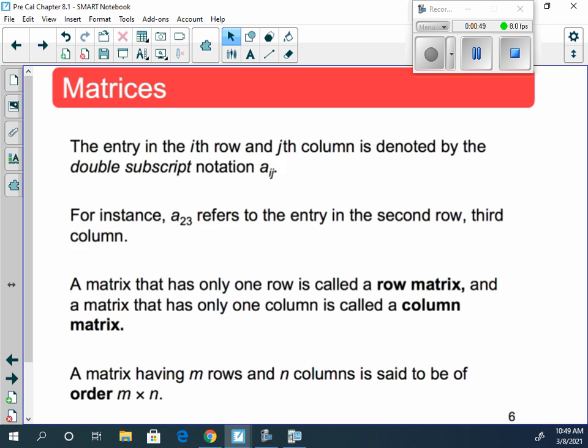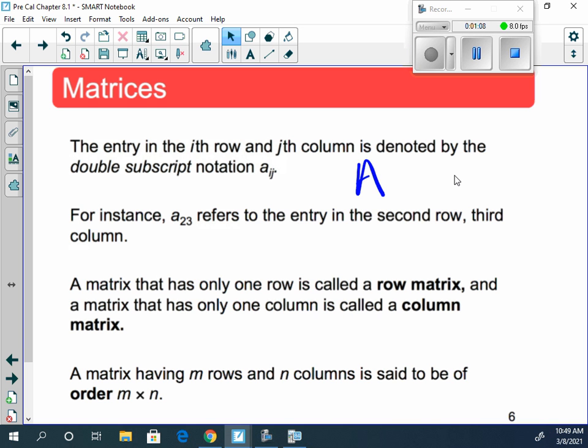Whenever we're talking about individual elements, it's always in lowercase. So if we're talking about matrix A, we'd have element aij, row, column. For instance, a23 refers to the entry in the second row and third column.